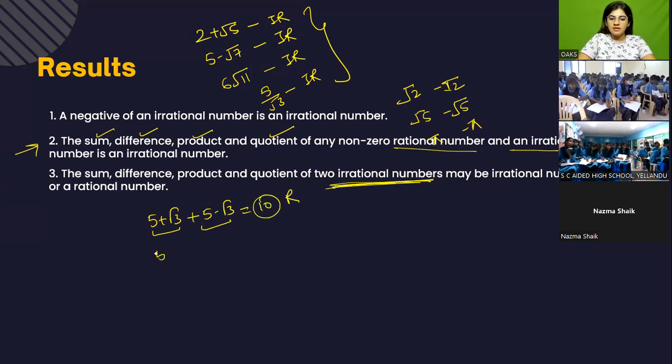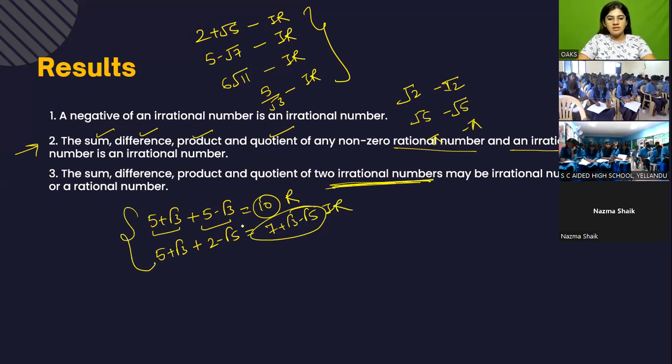In a similar way, 5 plus root 3 and 2 minus root 5 gives 7 plus root 3 minus root 5, which is irrational. So I hope you understood this. The sum of two irrational numbers could be rational or irrational. Everyone clear of these results? Okay, great. Now, moving ahead.